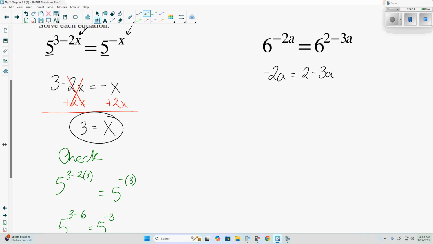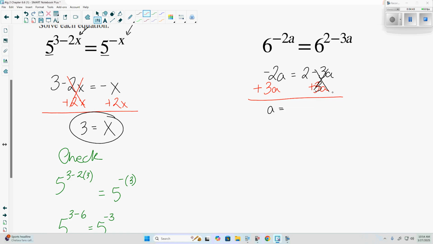So we just need to solve negative 2a equals 2 minus 3a. There are no powers attached to a variable greater than 1. We don't have an a squared or a cubed. So we just need to get a by itself first. We can add 3a to both sides. Negative 2a plus 3a is a.